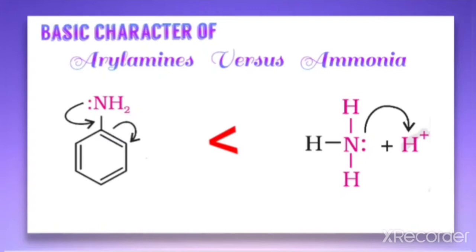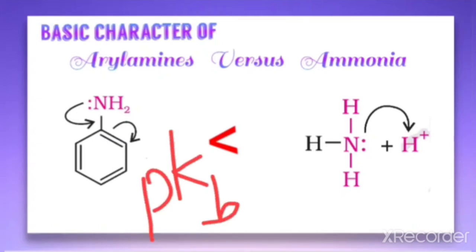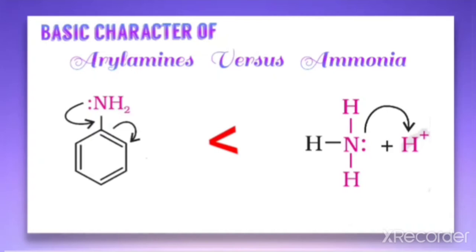So what is the reason? The pKb value of aniline is quite high. Why? Because its basic character is less. And why is it less? Because the NH2 group is attached directly to the benzene ring and it results in the unshared electron pair of the nitrogen atom being in conjugation with the benzene ring, and thus makes the electron pair less available for protonation.